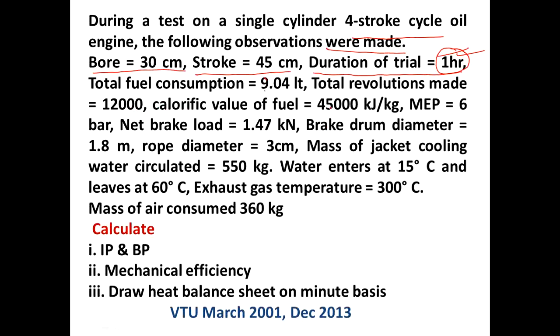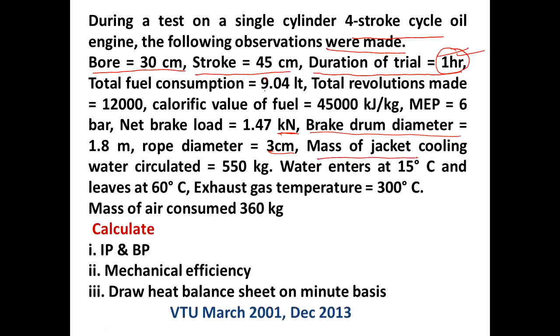Calorific value of fuel is 45,000 kilojoules per kg. Mean effective pressure is equal to 6 bar. Net brake load is equal to 1.47 kilonewton. The brake drum diameter is 1.8 meter. Diameter of the rope is 3 centimeter.